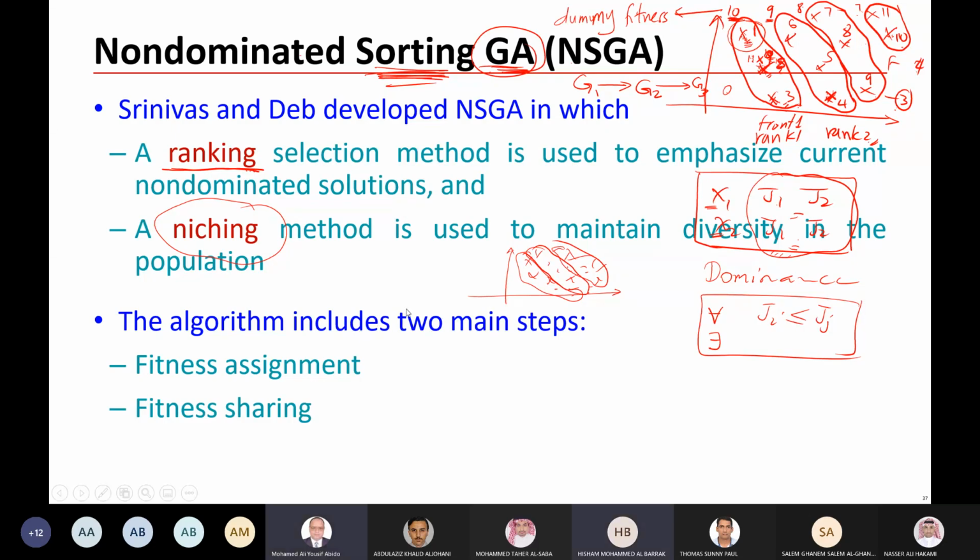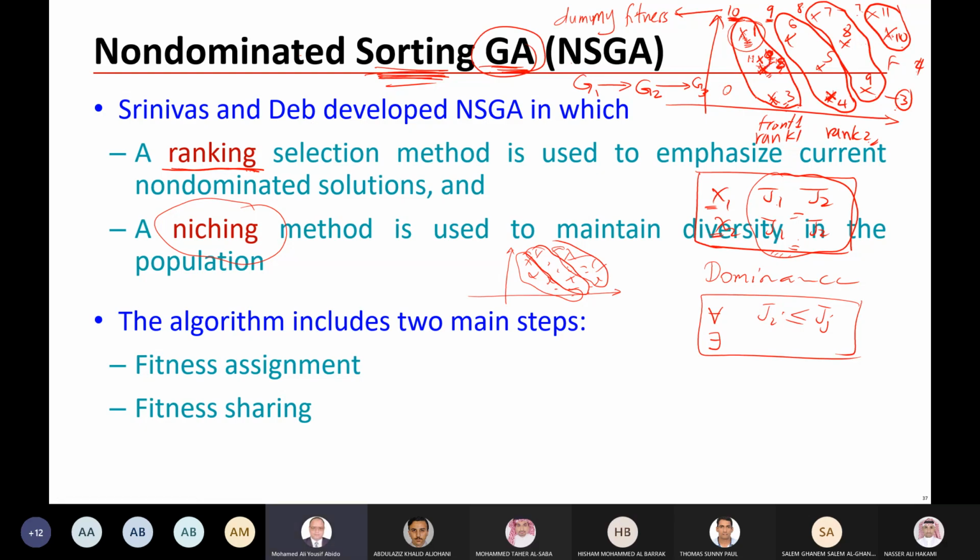Okay, Doctor, I didn't get the idea about the fitness sharing. What is the idea of the fitness sharing? The fitness sharing is to degrade the fitness assigned here according to the crowdedness in the area.